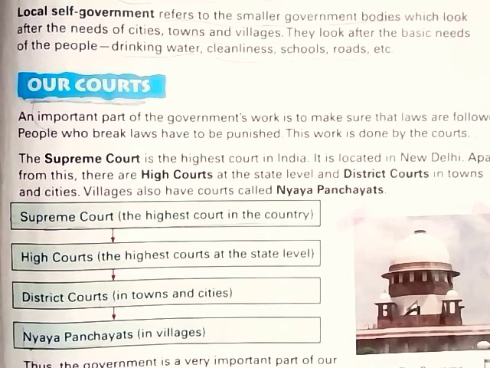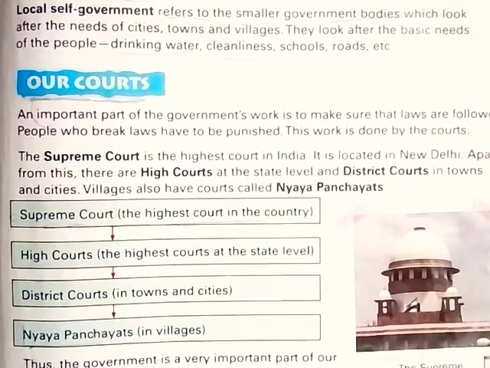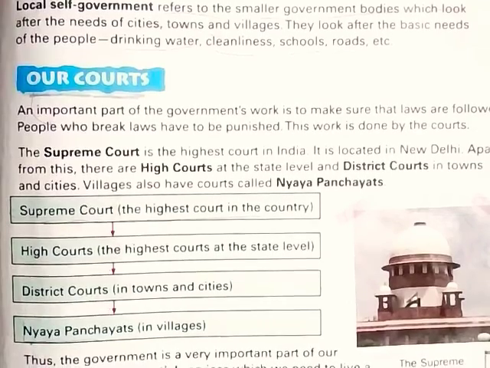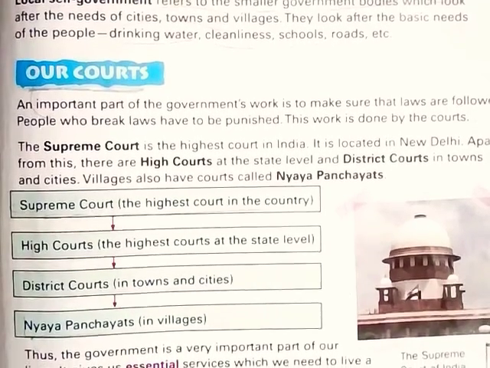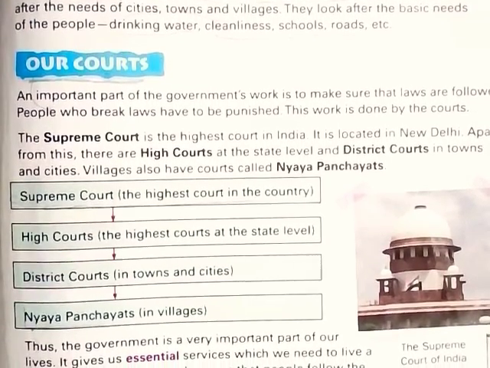Apart from this, there are high courts at the state level and district courts in towns and cities. Villages also have courts called Nyaya Panchayat. Supreme Court, the highest court in the country.